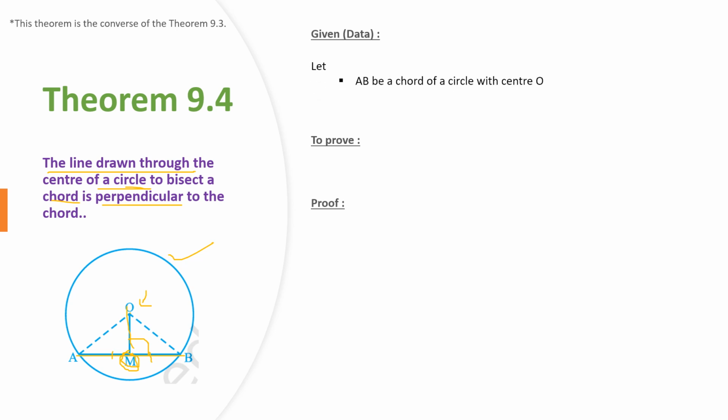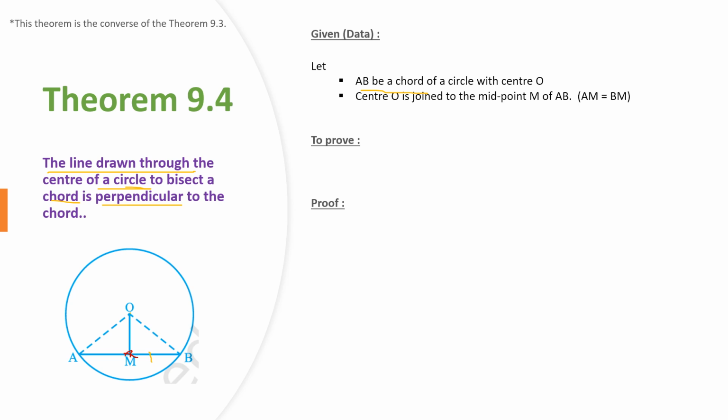As usual, we start with what is given. AB is a chord. It's given, right? Then of course the center O is joined. From the center I joined the midpoint: I identified the midpoint M, and joined the center of the circle to the midpoint of the chord AB.